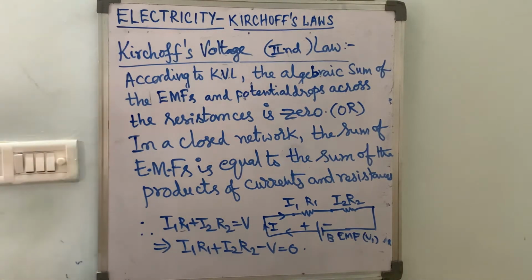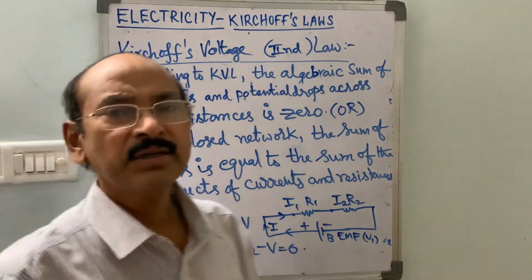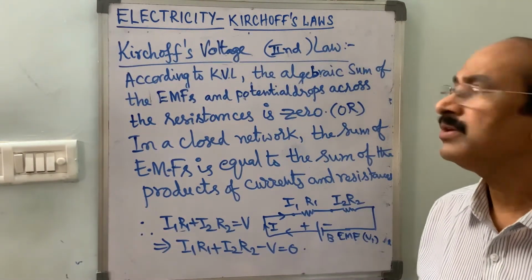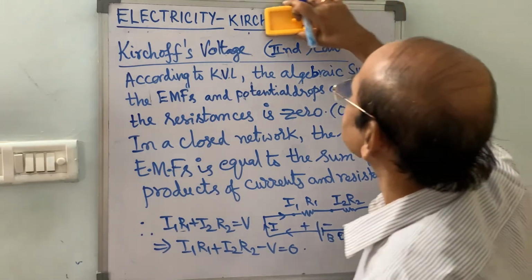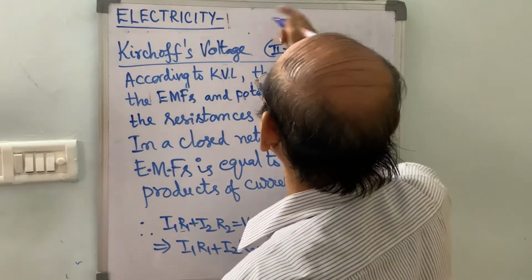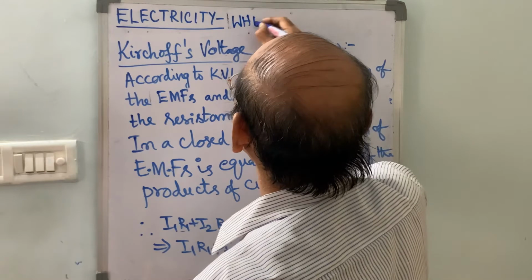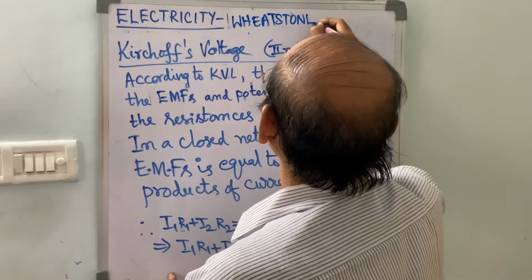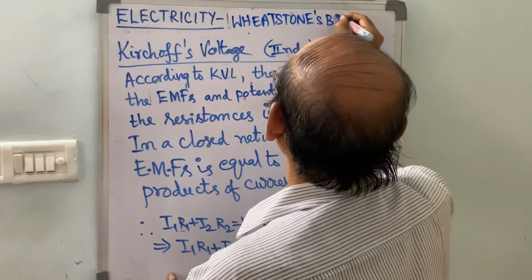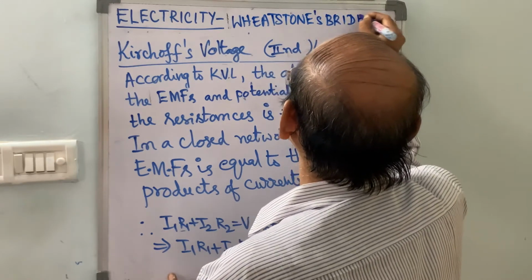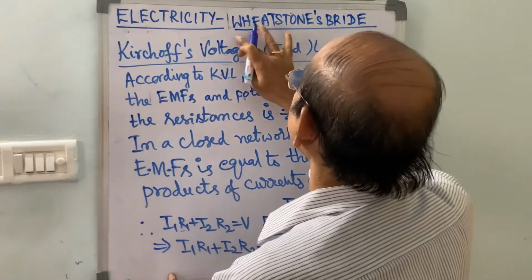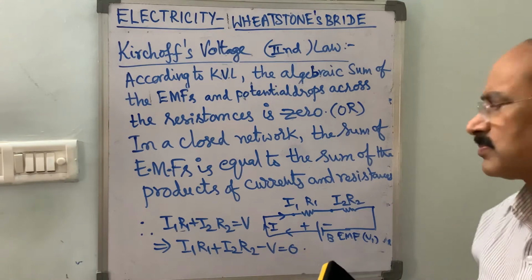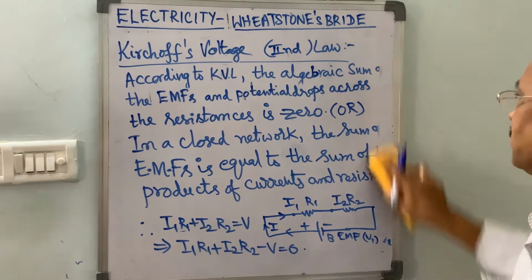So now we shall use these Kirchhoff's laws in deriving the balancing condition of the Wheatstone bridge. As the name indicates, the resistances connected in the circuit form a bridge.